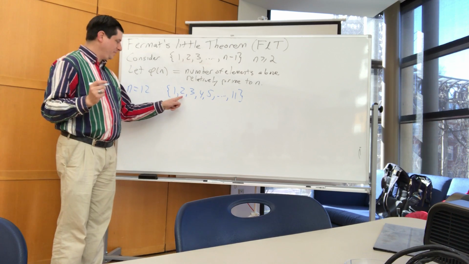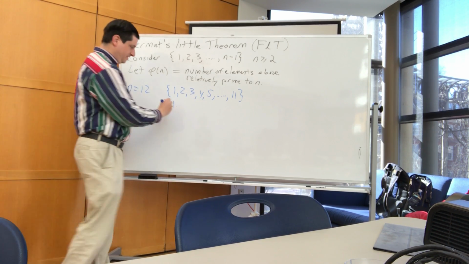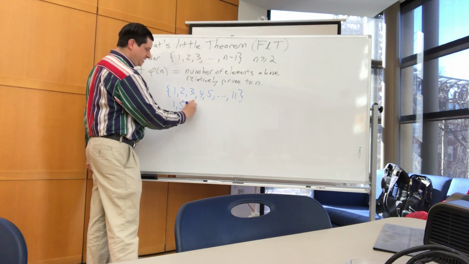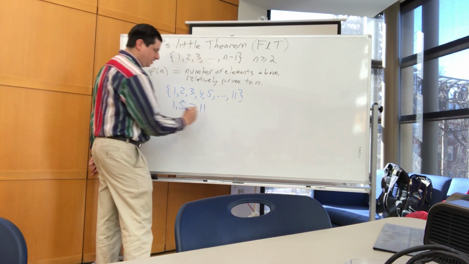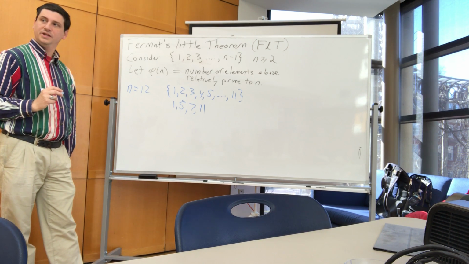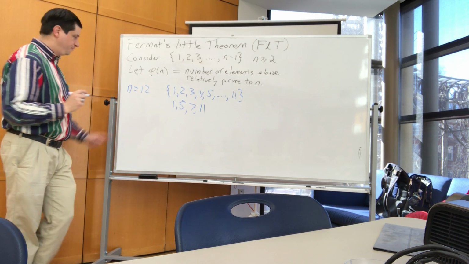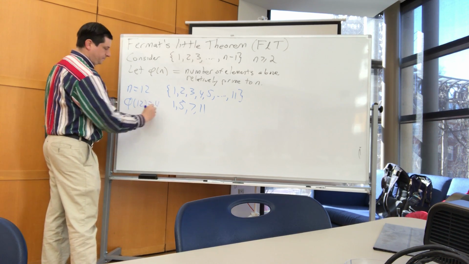So 1 works. What about 2? No. 2. What about 3? No. 4. 5. 6, no. 7, yes. 8, no. 9, no. 10, no. 11, yes. So phi of 12 would be 4.